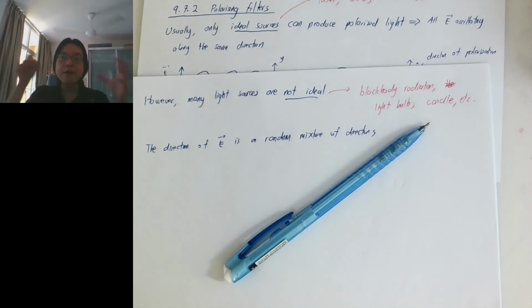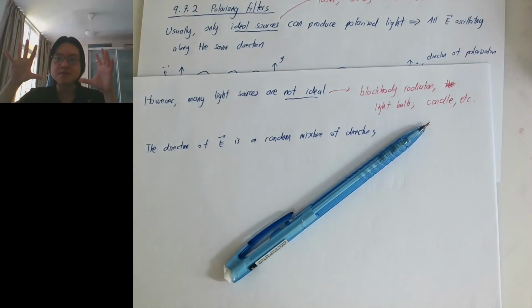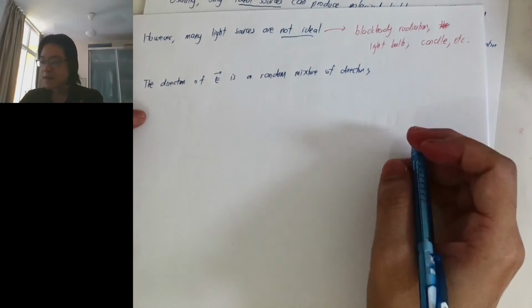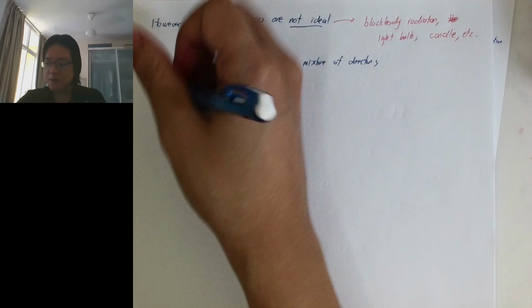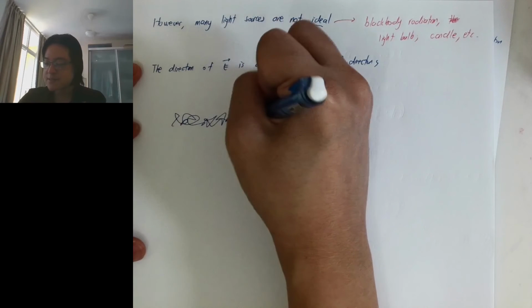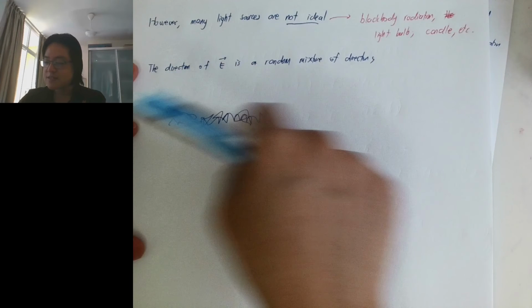Like even your light bulb, right? Your light bulb has a wire, and then you turn on the electricity, it glows and emits light. But the different atoms emit different light in different directions. So at the end, the light that comes out is actually a mixture of many different directions. So you're just going to end up with a light that no longer has a nice direction. It's just a random mixture.